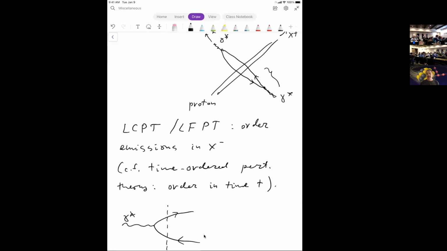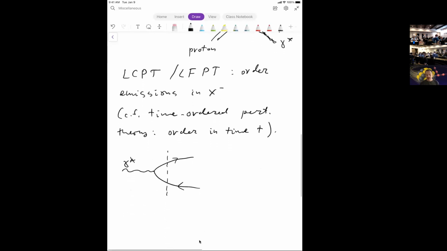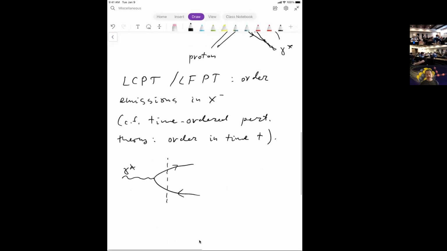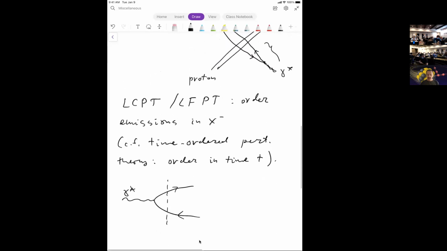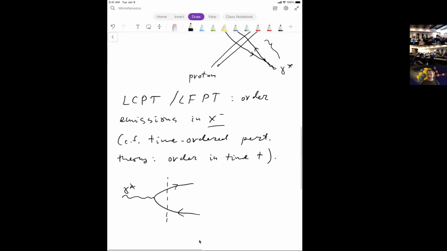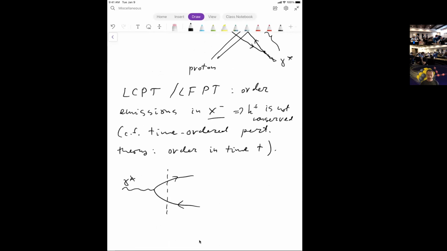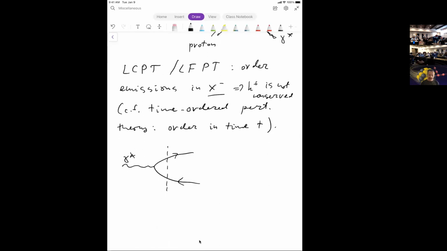In a standard perturbation theory, the quark and antiquark would not be on mass shell, but in light cone perturbation theory, just like in time-ordered perturbation theory, everything is on mass shell. In time-ordered perturbation theory, energy is not conserved at the vertices. In light cone perturbation theory, if we order in x minus, that means that the plus momentum is not conserved at the vertices. Okay, so we write an energy denominator for each intermediate state.